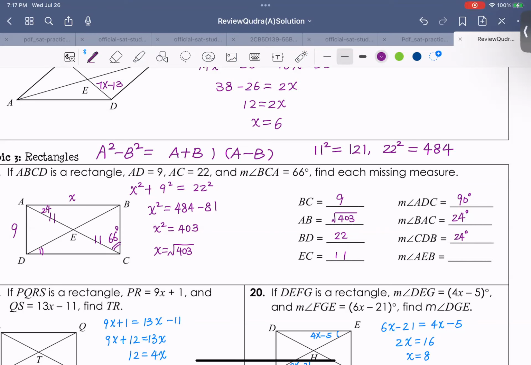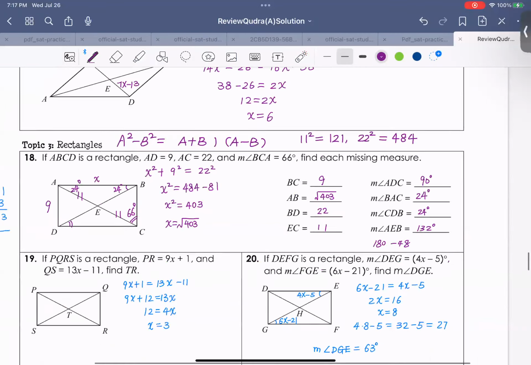This is also 24. So 180 minus 48. So that means this is 180 minus 48, right? 132. Okay. Good job. Pretty good.